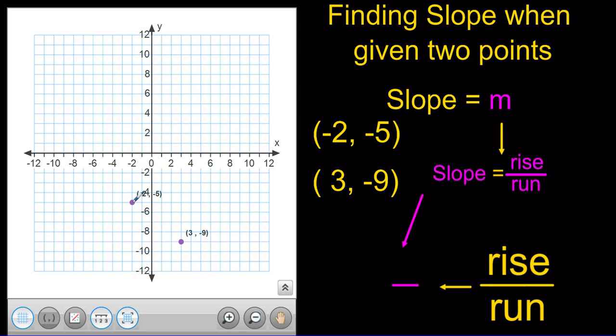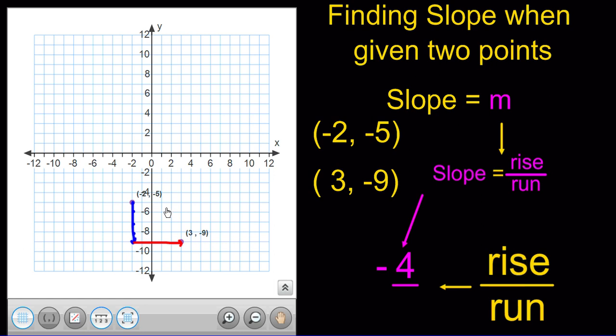So if I start with this point this time, my rise is actually going down 1, 2, 3, 4 units. Since it's going down, the rise is not just 4, it's actually a -4. And then my run would be going 1, 2, 3, 4, 5 units to the right.